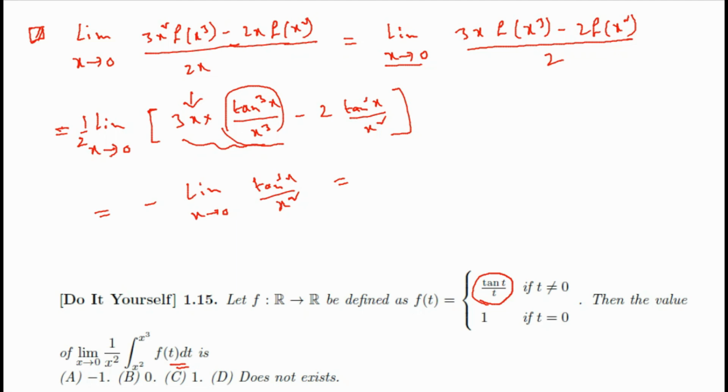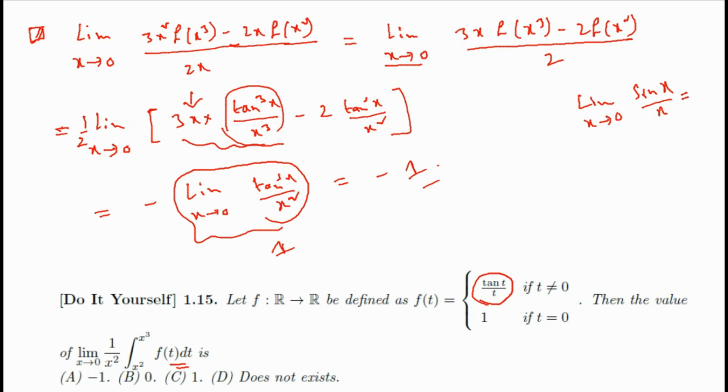Ultimately we will get minus 1, as limit x tends to 0, sin x by x equal to 1. So tan x can be written as sin x by x into 1 by cos x. There is a whole square, so it doesn't matter. This is 1, this is also 1, the whole part will be 1, and the answer is minus 1.